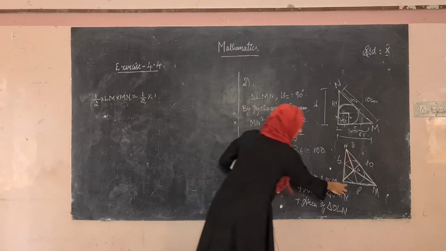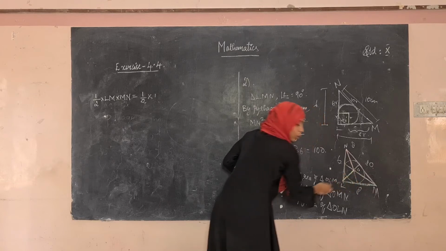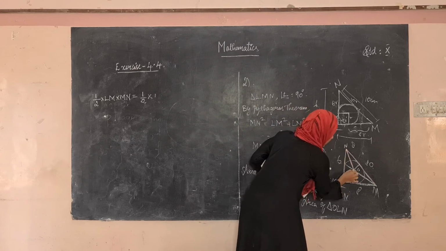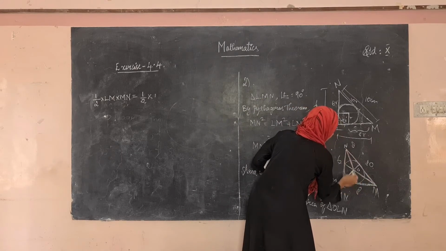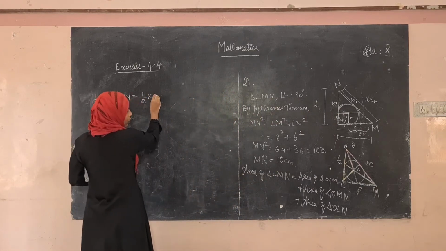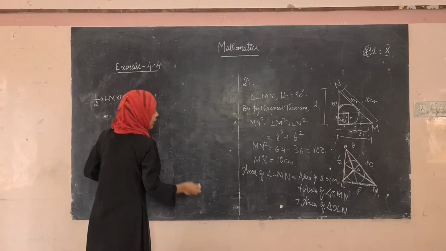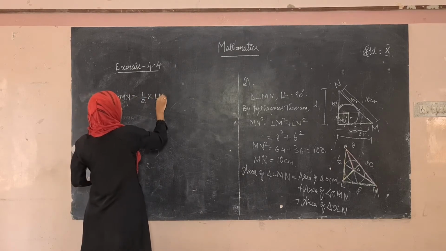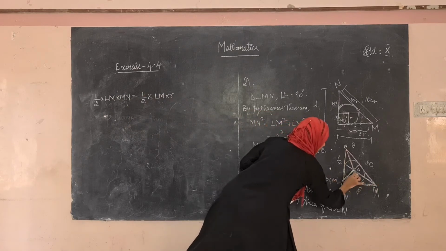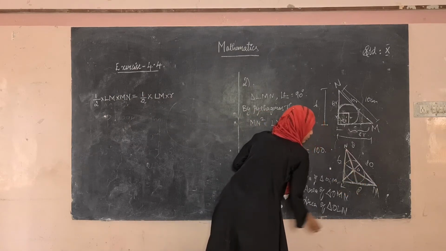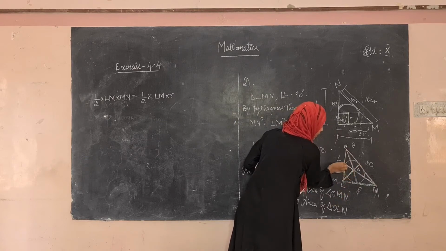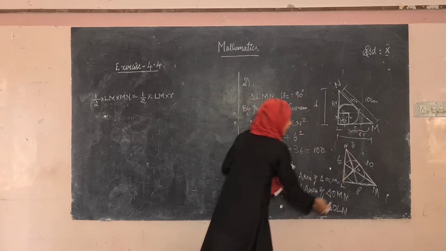Half into LM into OM or OL, anything you can take. See here, be clear, this line and this line make the radius. So half into LM into R, that is height. This is breadth and this is height, the radius of the circle.